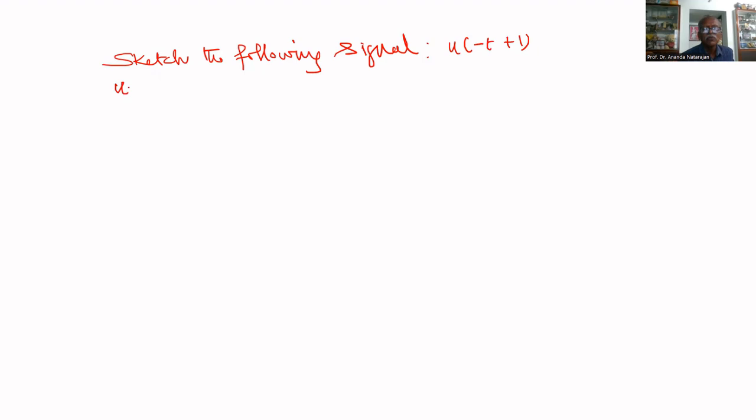We know that u of t is a step function. It looks like this. It goes up to infinity, its magnitude is 1. That is u of t.